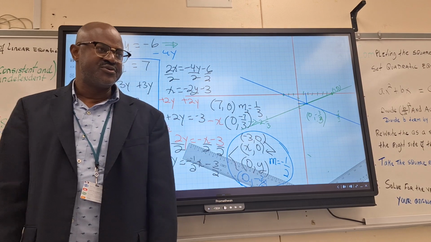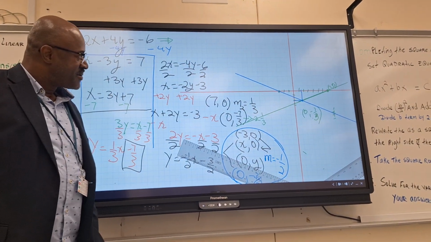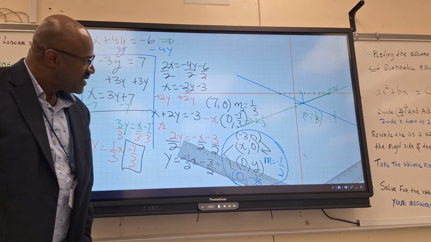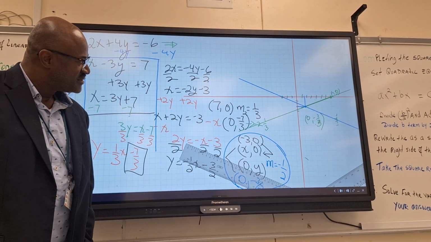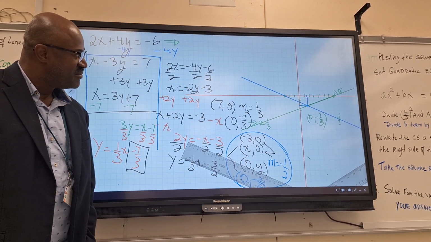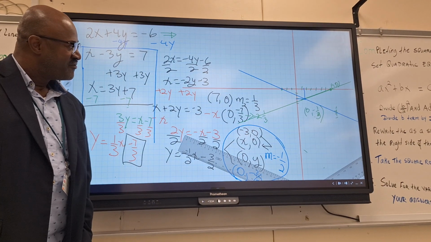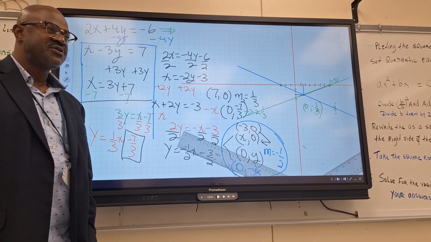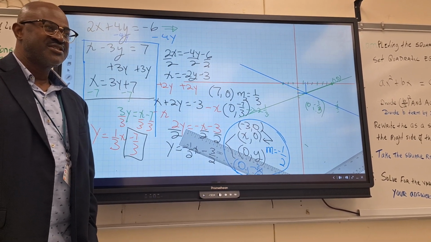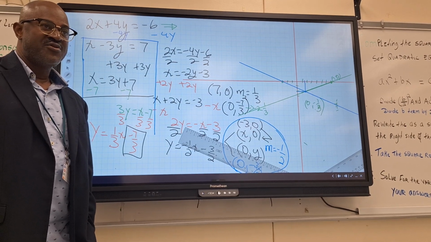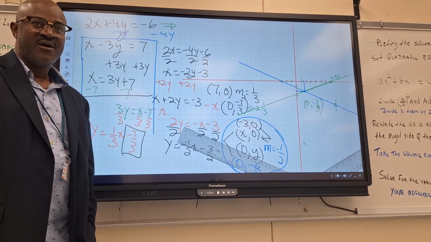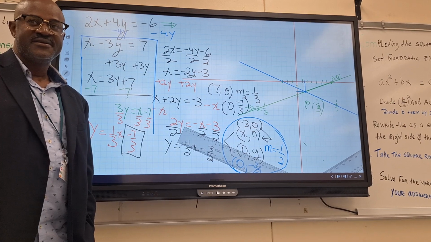And that will be the solution. That's the problem with graphing. We cannot tell with accuracy what that point is, but we can estimate it. But if we're using elimination or substitution, it doesn't matter whether it's a fraction or not, you're going to find it exactly.